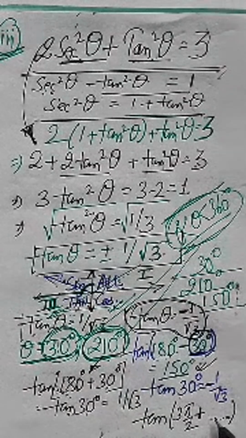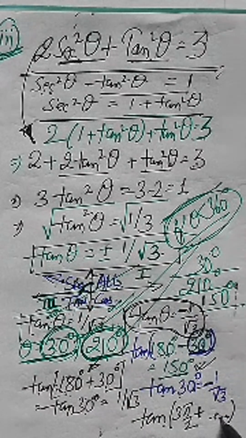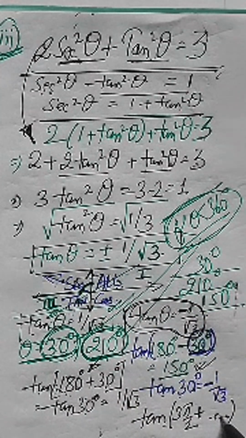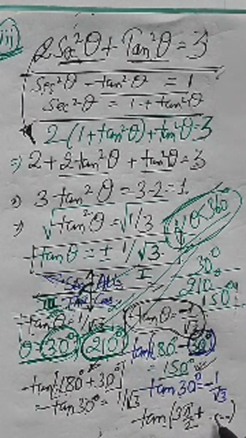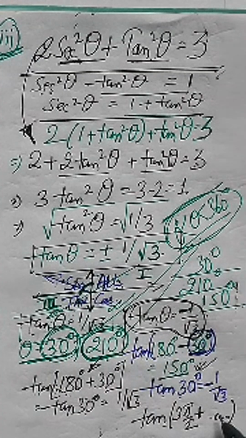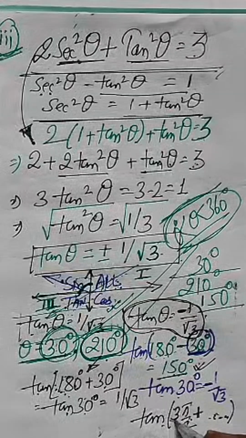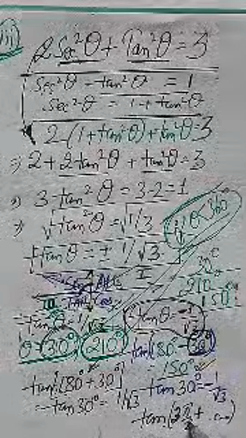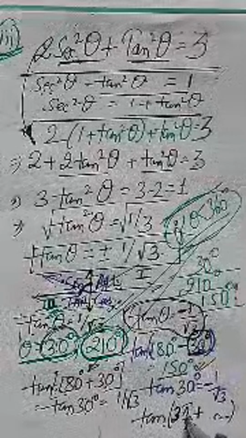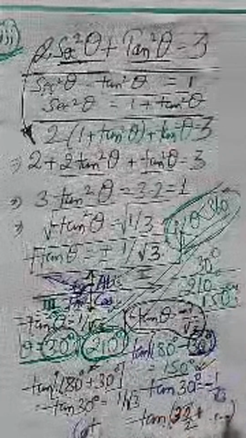So here you can simply see, 270 plus something, it can be tan of 3 pi by 2 plus something. Since this is an odd multiple of pi by 2, tan will change into cot. So this will be equal to cot of this value.